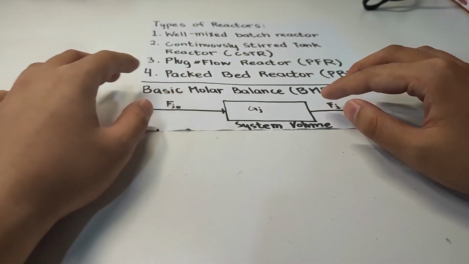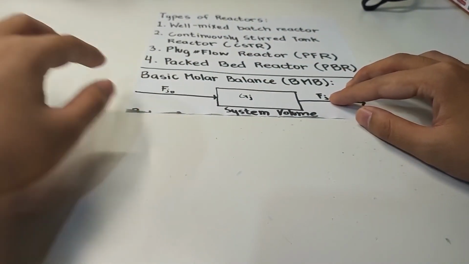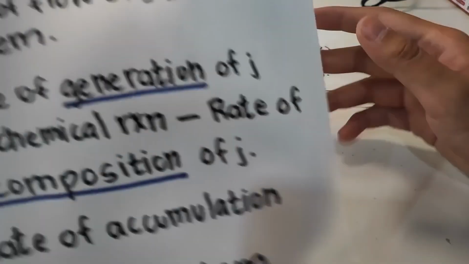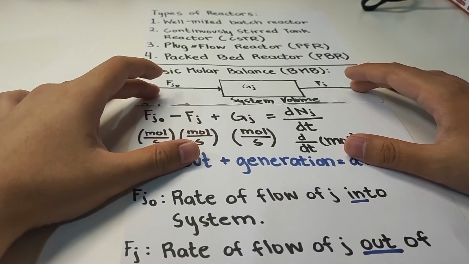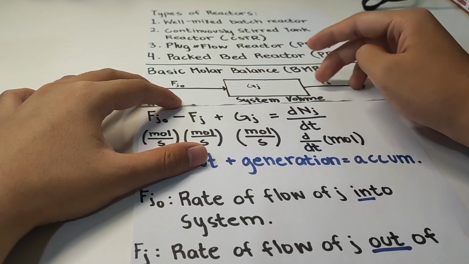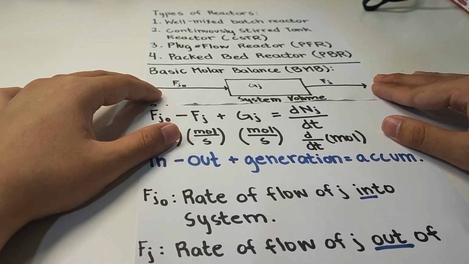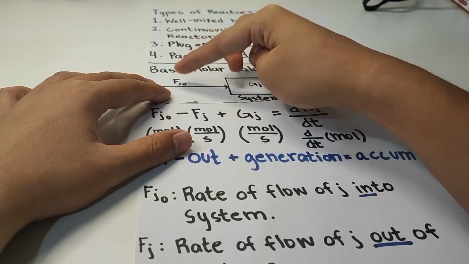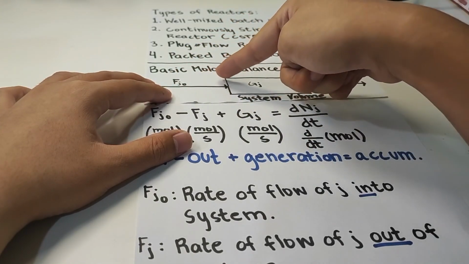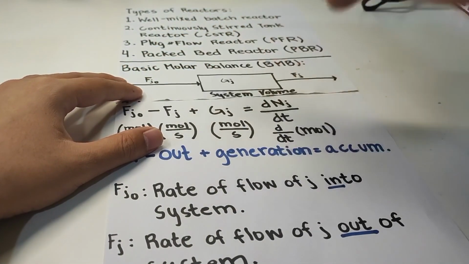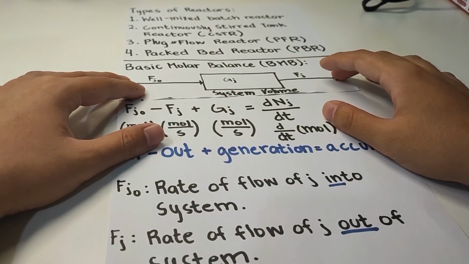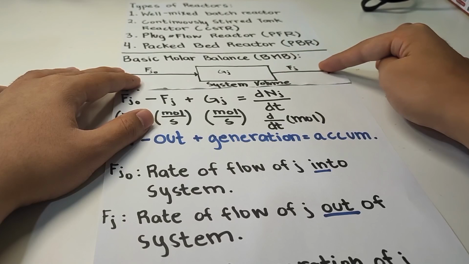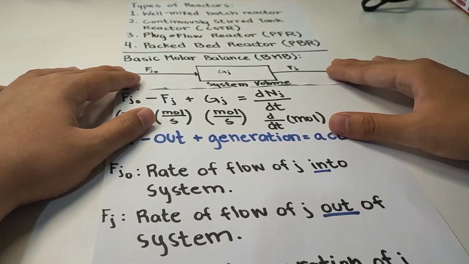Going back to this figure for the basic molar balance, we have the system volume, the rate of flow of J into this system, and the rate of flow of J out of the system.